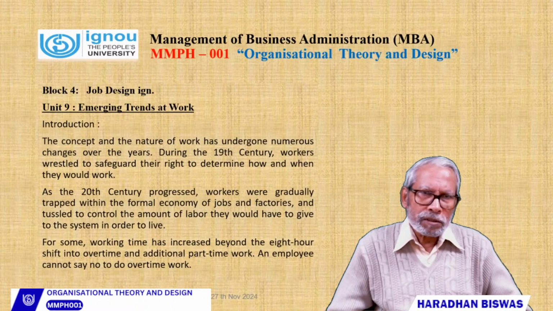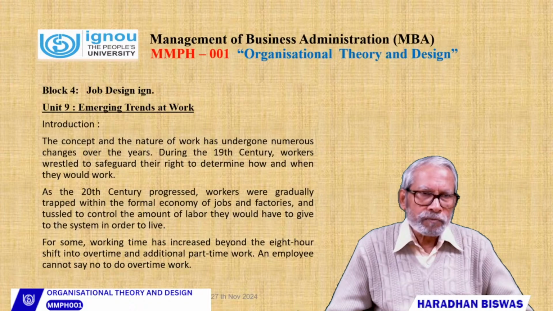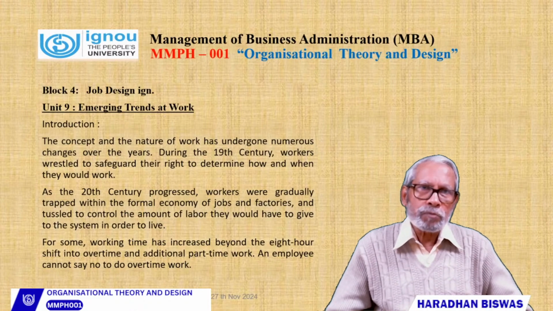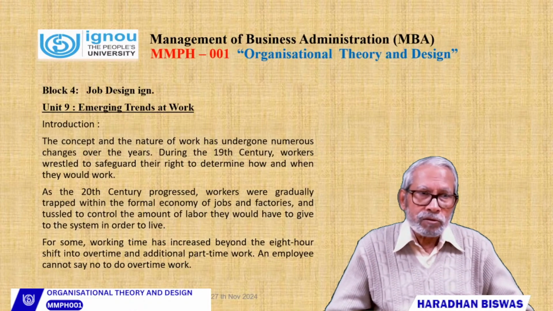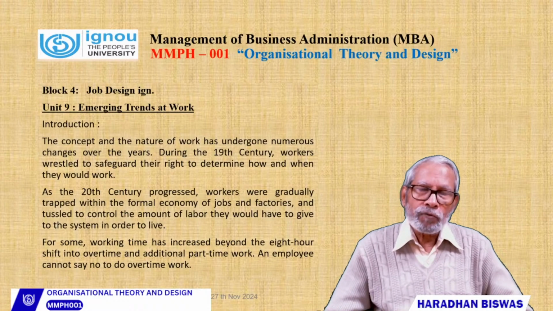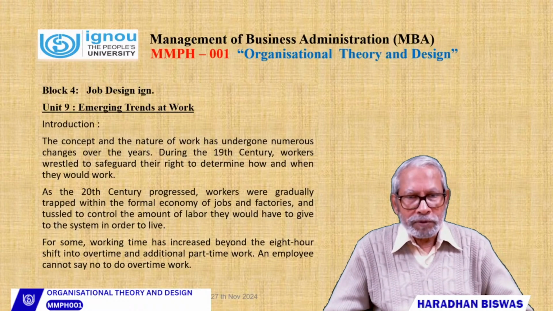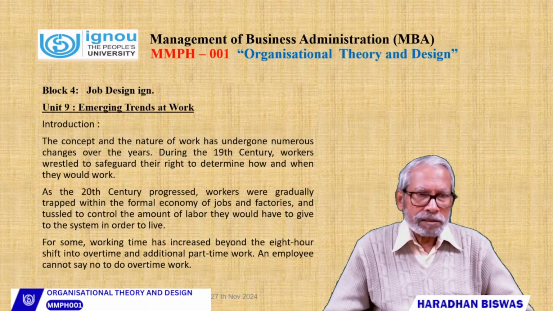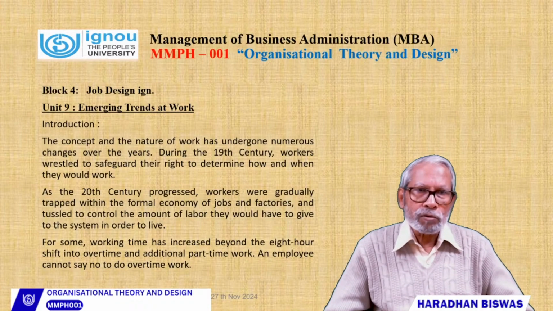Maybe 7, 8, or 10 hours of work, and you finish and go. There was no consideration of human factors. In the 20th century, it progressed. Workers were gradually trapped within the formal economy, the jobs of factories, and they were trusted to control the amount of labor they would give the system in order to live.